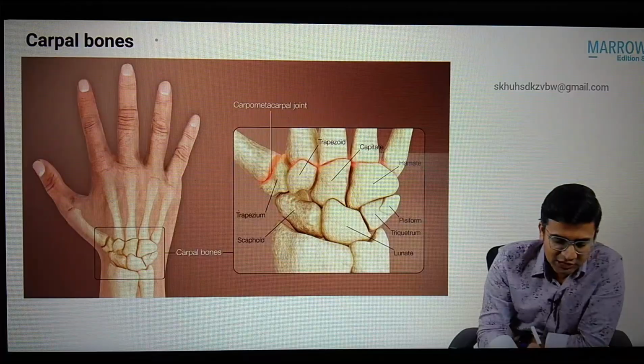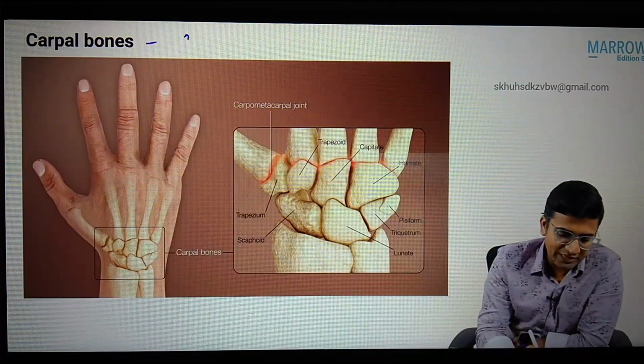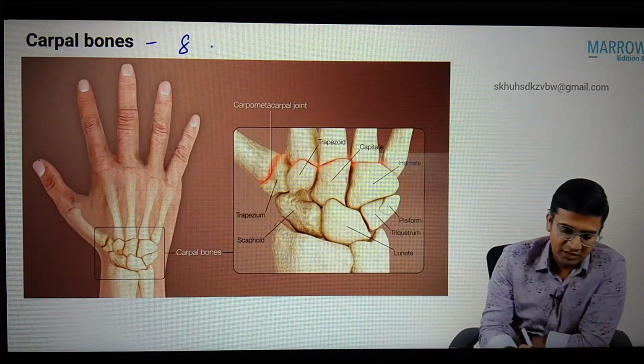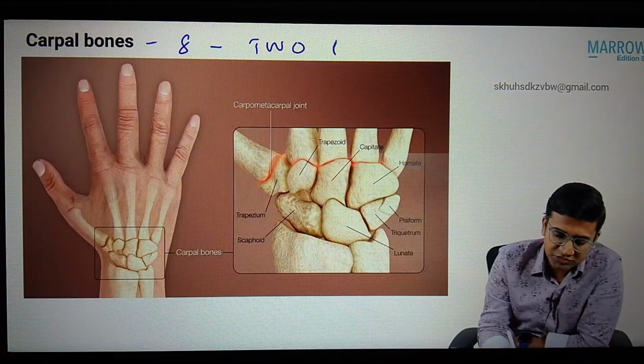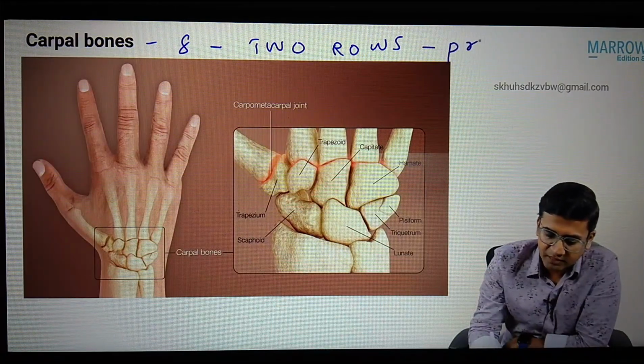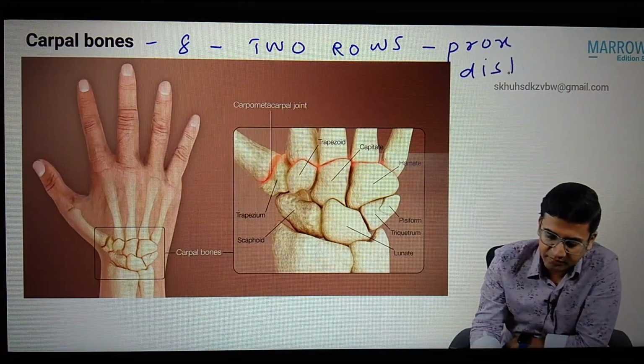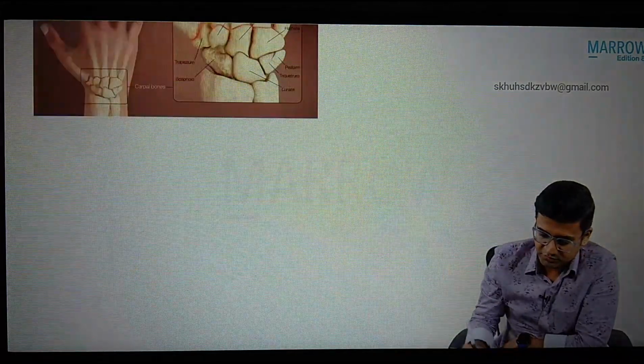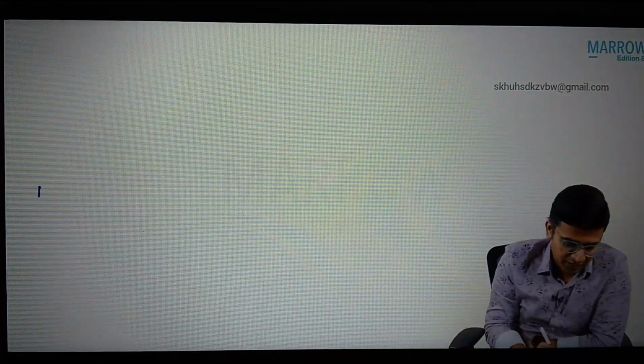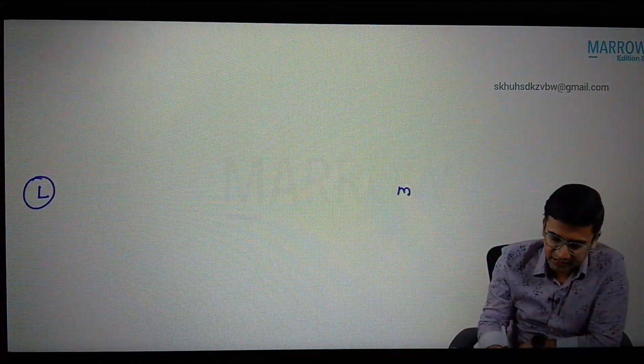Okay, right. So carpal bones, totally 8 in number. They're arranged in 2 rows, proximal row and the distal row. Now again we have a mnemonic. Say this is the lateral side, this is the medial side.